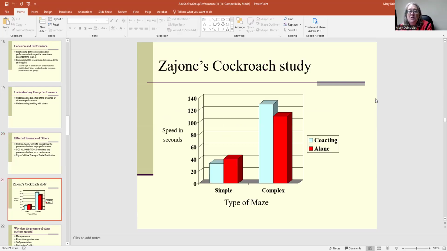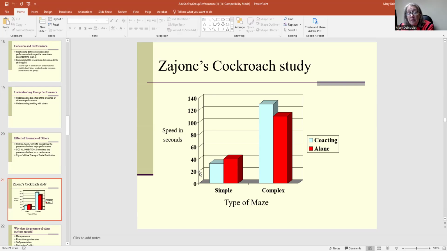And this is a cute study that Zajonc did with cockroaches. He gave cockroaches either a simple task. So remember, a simple task, your dominant response is going to be correct. So they should be doing better in the presence of others. And this was a maze that they had to go through. The y-axis is how long it took them to do the maze.